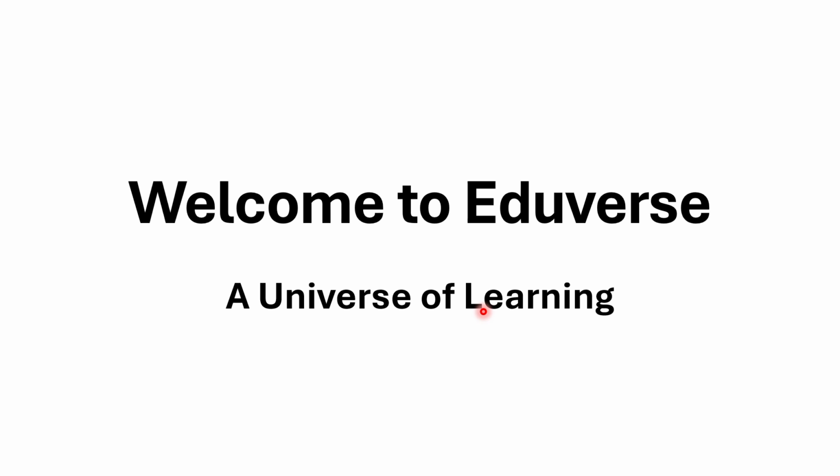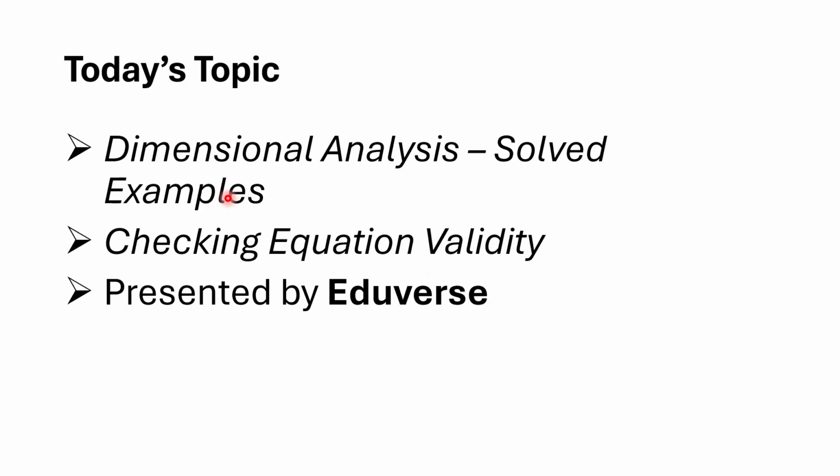Today we are going to talk about a very important topic of physics, dimensional analysis. We will have some solved examples. The purpose is checking whether an equation is dimensionally correct or not.